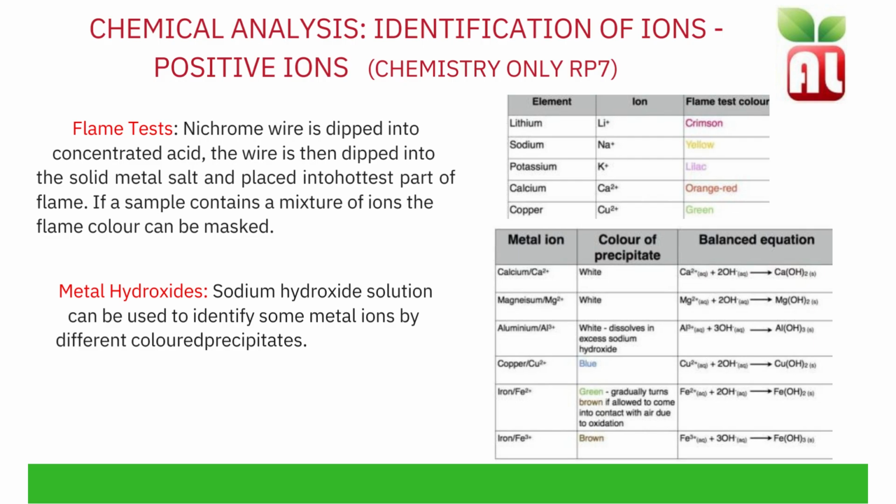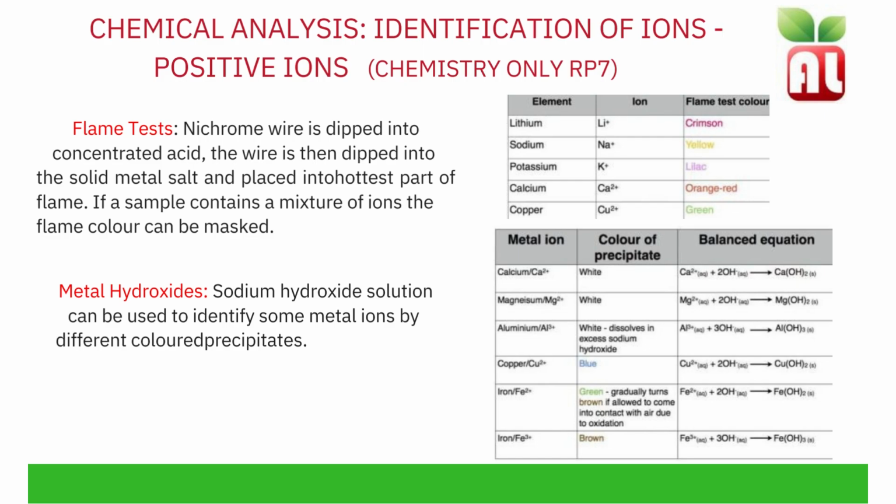Similarly, with magnesium and aluminium ions in sodium hydroxide, you produce magnesium hydroxide or aluminium hydroxide. Both are white precipitates. To distinguish between your calcium, magnesium and aluminium ions, you could carry out a flame test to show the identity of your calcium ions.